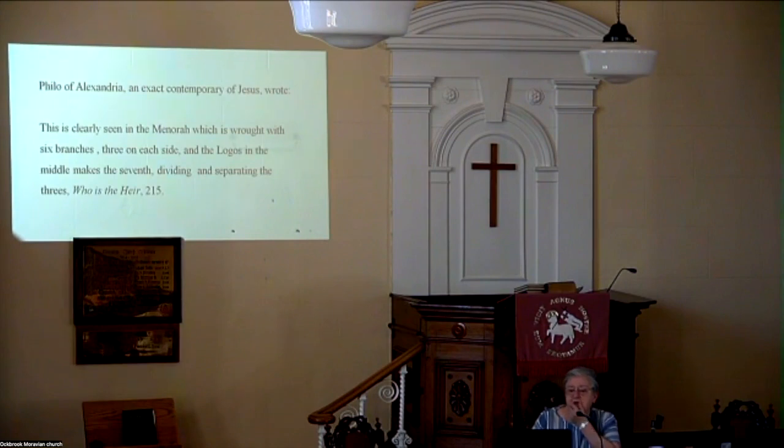Now, here, the quotations that I have shown you before, the menorah with its 6 branches, and the logos in the middle, making the 7th, and separating the others.